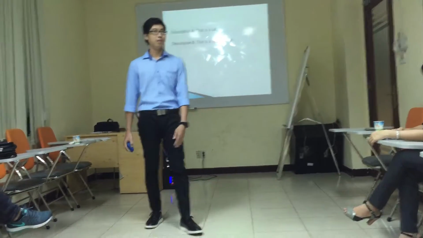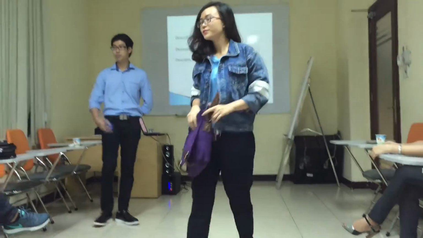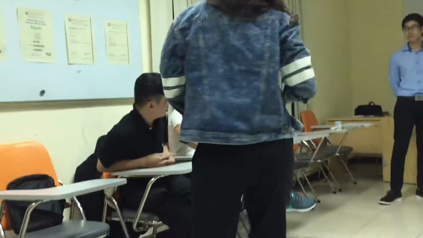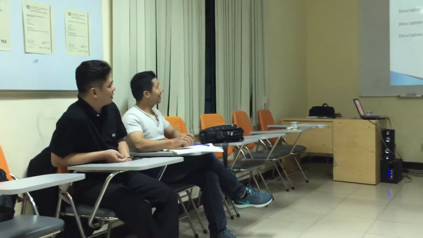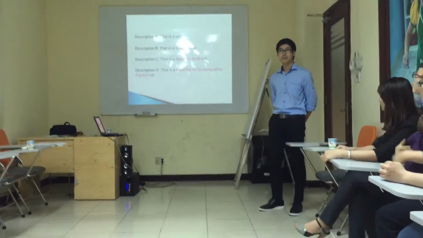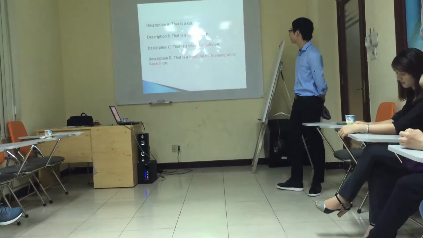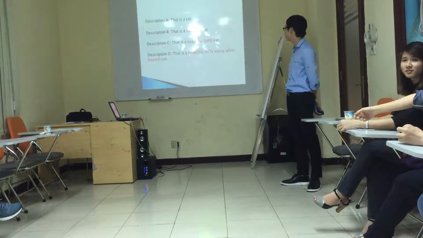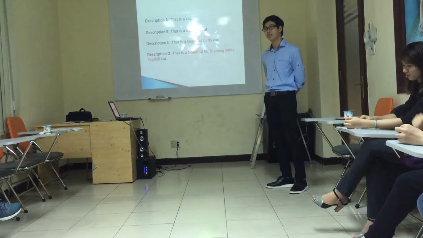Description B, Miss Sam, can you help me? That's a beautiful cat. Thank you. And C. Good job. That's a beautiful fluffy cat. And the last one, Miss Han, can you read? That's a beautiful, fluffy, young, white, ragdoll cat.